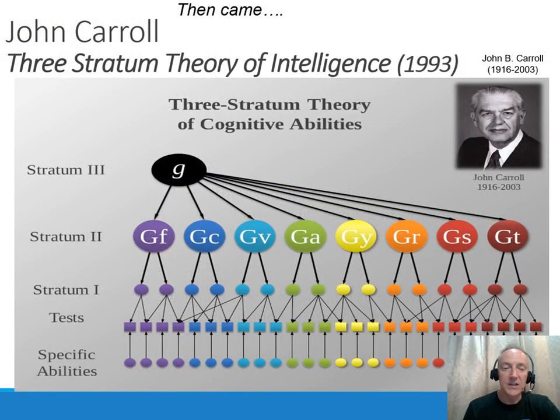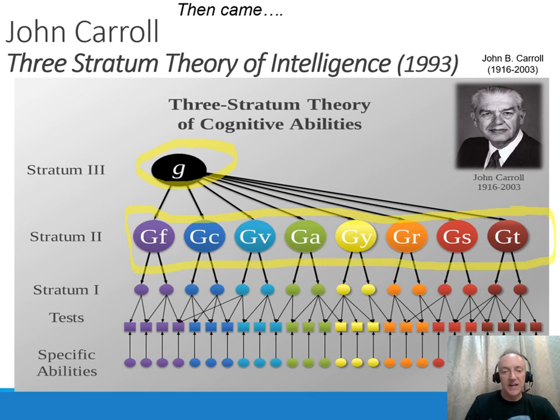Then in the 90s, John Carroll presented what he called the three-stratum theory of intelligence. Stratum means a layer. So he says we've got three layers to intelligence. One of the layers is the G factor, that general ability. But he was more focused on the middle layer, stratum 2, which he referred to as the broad abilities.